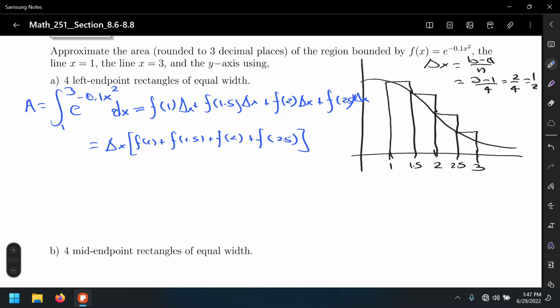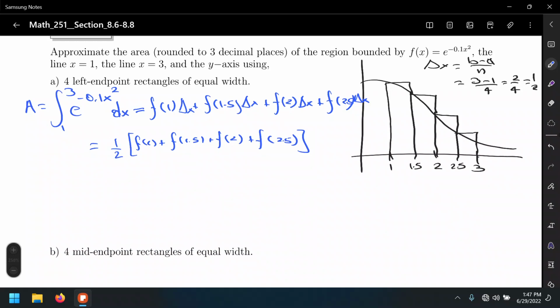Delta x is a number that we know, so I'm going to replace that delta x with simply 1/2. We need to do f of 1, f of 1.5, f of 2, f of 2.5, which is where the tedious part is going to be.